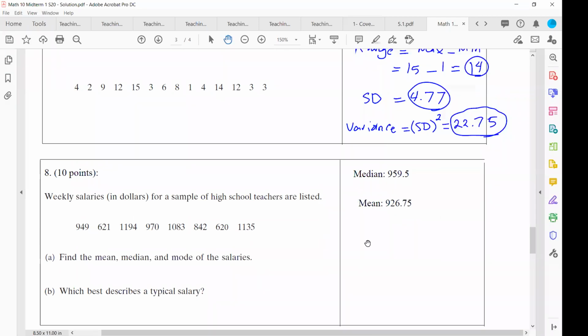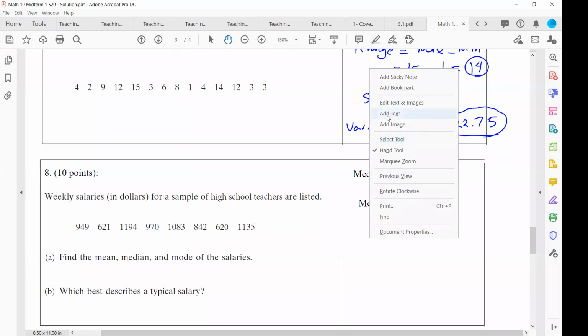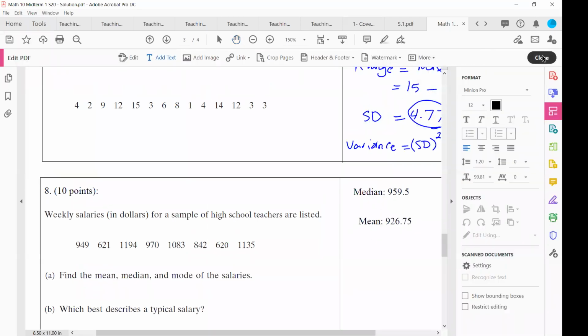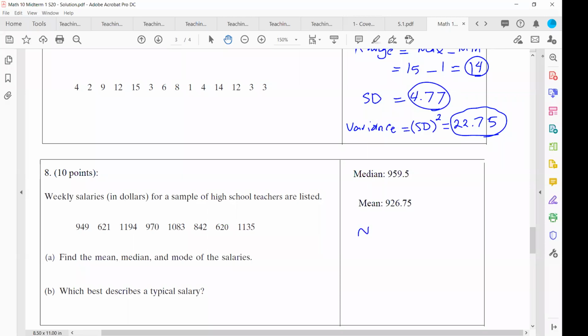Okay, which one best describes the collection? Do we have any mode here? Do you have any repeated number here? Mode, there is no mode. So no mode. Okay, which one best describes a typical salary?